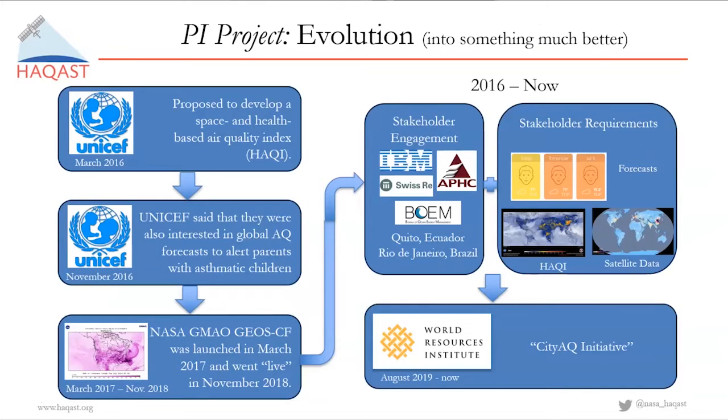They call it GEOS Composition Forecast, or GEOS-CF. Stephen Bosson, the director of GMAO, actually funded his team to develop this capability. And it went live in November of 2018.